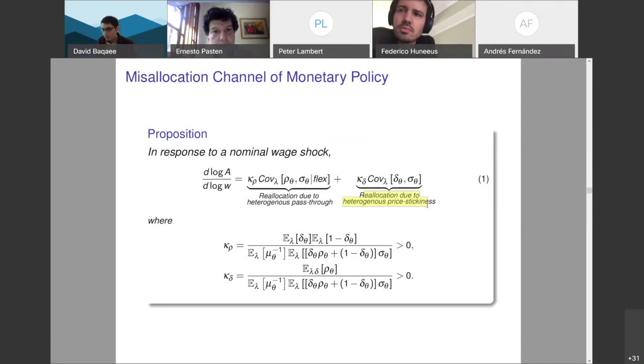The claim is if you do a monetary policy shock in that kind of model, to a first order, TFP is not going to respond, even though in general, reallocations will move TFP to a first order. It's just that the reallocations that are triggered by monetary policy don't reallocate resources systematically between high and low markup firms.